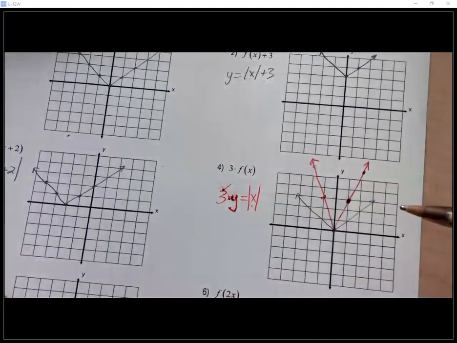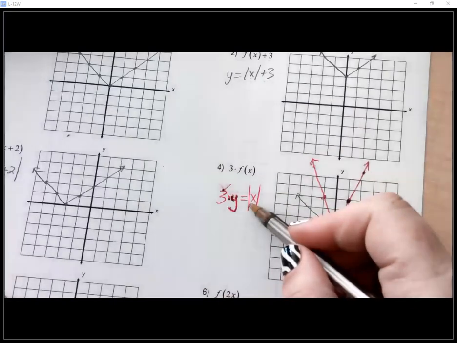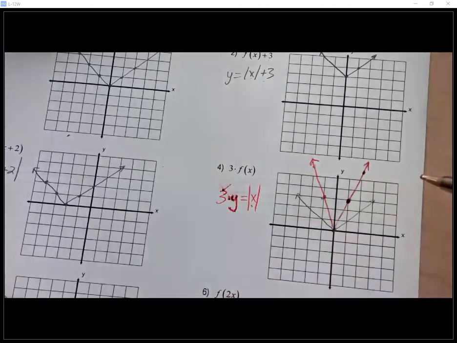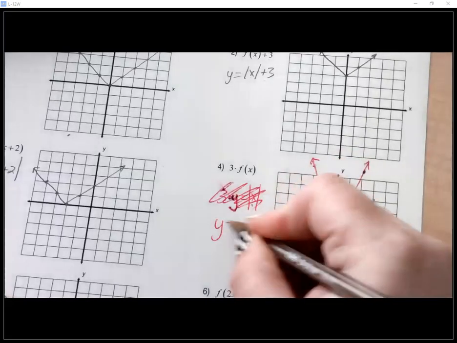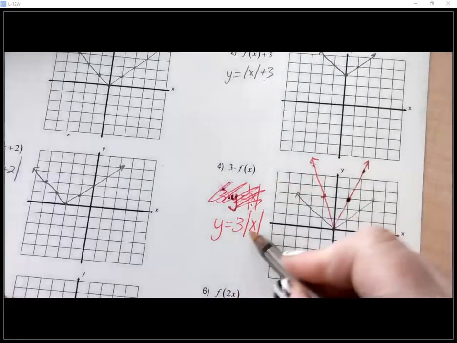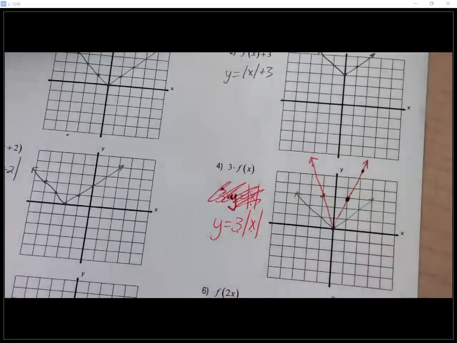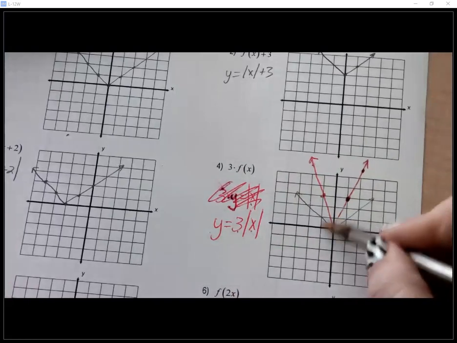If I plug in 1 for x, why do I have this backwards? Oh, because I don't want to put it over there. I want y equals 3 times my function. Oh my gosh, silly goose. So when I plug in 1, I should get out a positive 3, and I do. Okay, there we go. That's much better. When I plug in a negative 1, I should still get out a positive 3, and I do.